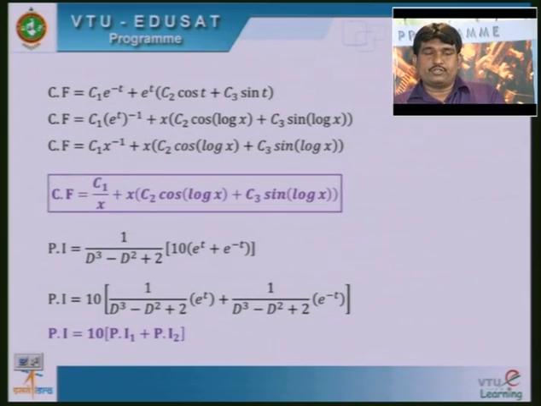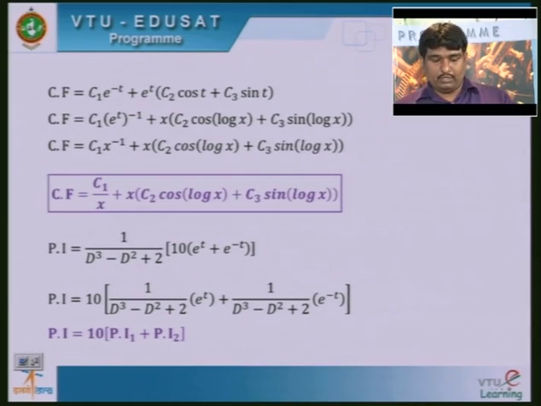Now the complementary function: the first term, the part of the CF corresponding to the real root minus 1, is C1 e to the power of minus t. The other part corresponds to the complex roots 1 plus or minus i, where the real part is 1 and the imaginary part is 1. So e to the power of t into C2 cos t plus C3 sin t. Next, we have to convert this in terms of x.